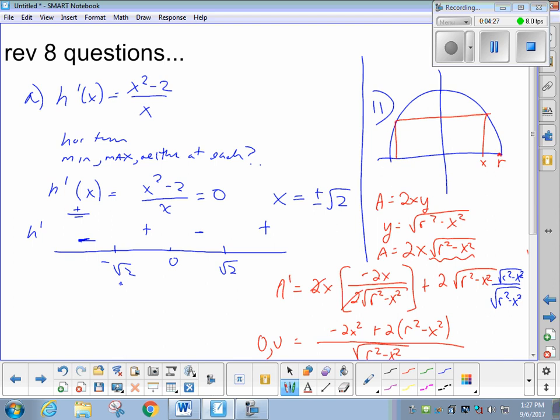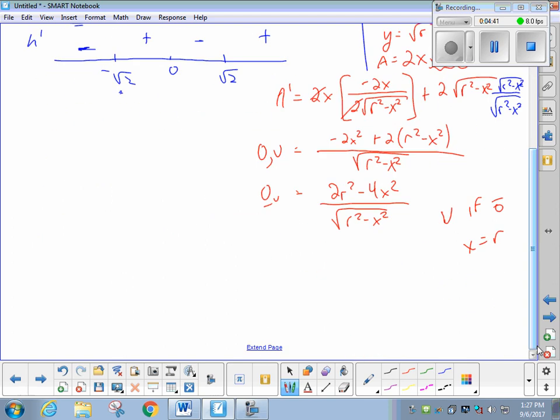It's x all the way to this point, so my rectangle looks like that. Now that says that's a critical number, but that's not a max. That's a min. That's the least area I can get, not the most area I can get. So I'm going to focus instead on the 2r squared minus 4x squared equal to 0 component. Solve that. That'll be a max, and you can verify that if you choose.